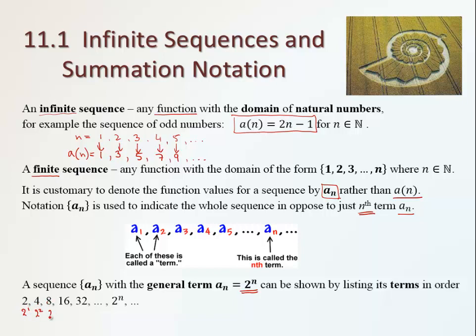If n is 3, then the term is 8. n is 4, term is 16. n is 5, our term is 32. That's good enough to see the pattern. And then 3 dots telling us and so on. And then we'll list the general term 2 to the n, and so on. So that's a sequence of powers of 2.